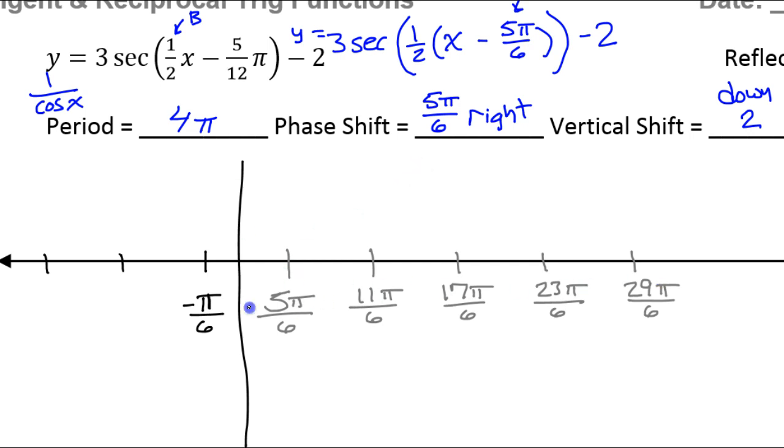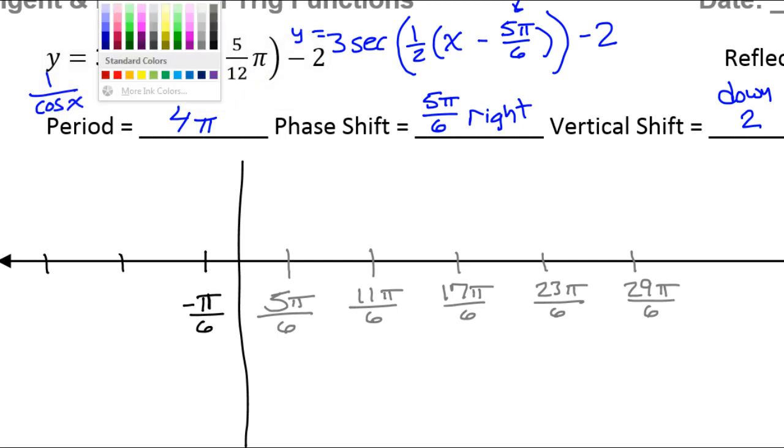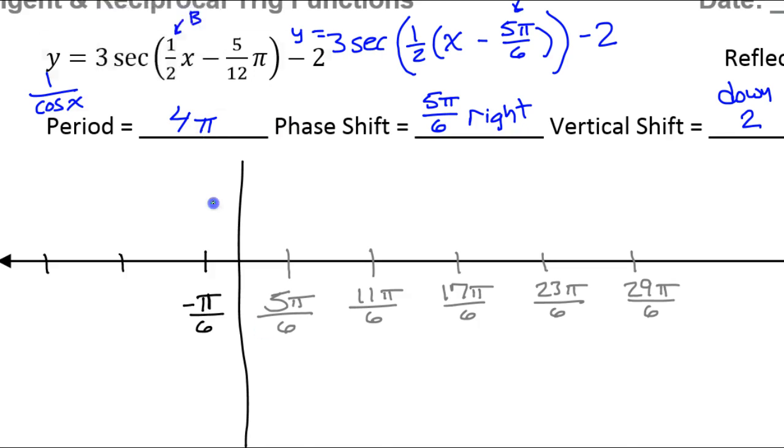Now, the reason why I need my y-axis in here is because I need somewhere to mark my vertical shift and my amplitude for the cosine function. So first of all, let's get this vertical situation happening. Let's see, what color should I use? Green? Alright, sure, why not? Okay, so my vertical shift, I'm going down by 2.